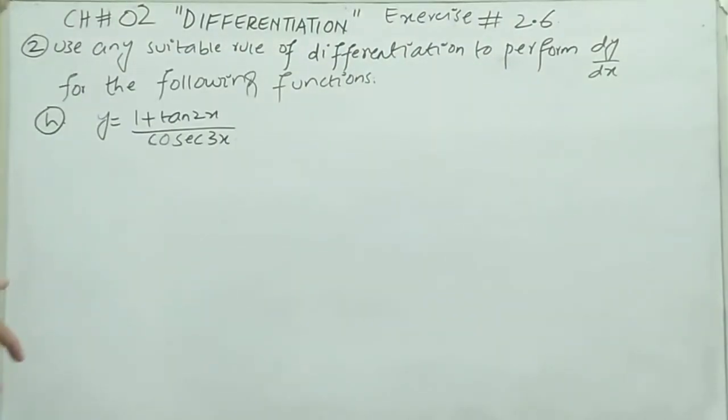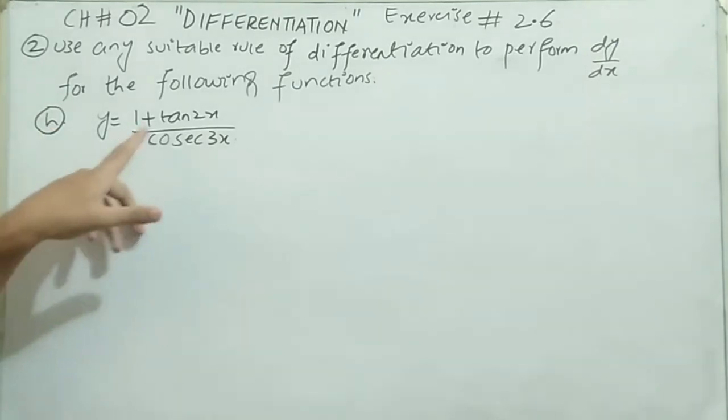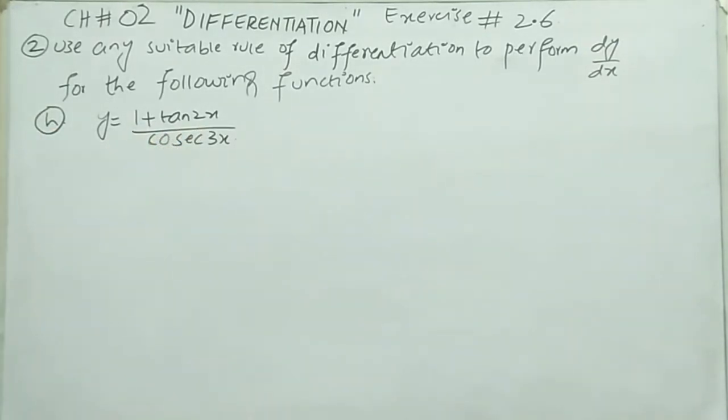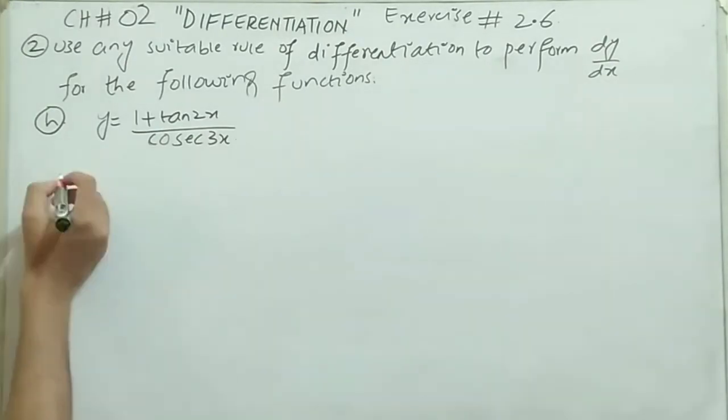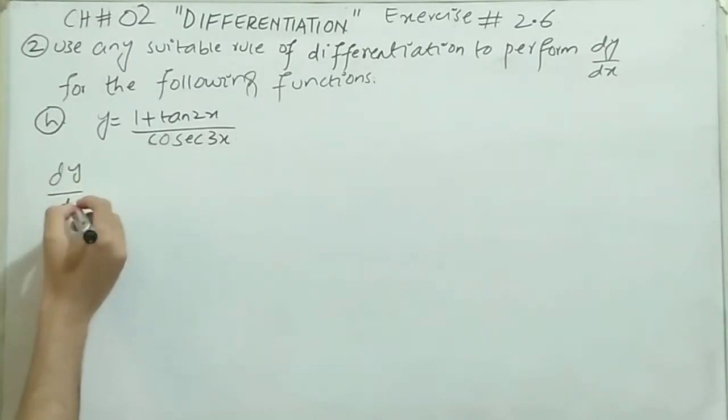Move to the last part of today's lecture, part H. This is the last part of question number 2 in today's lecture. y is equal to 1 plus tangent 2x divided by cosecant 3x. Find the derivative. We can find the derivative of this type of function by using the quotient rule.